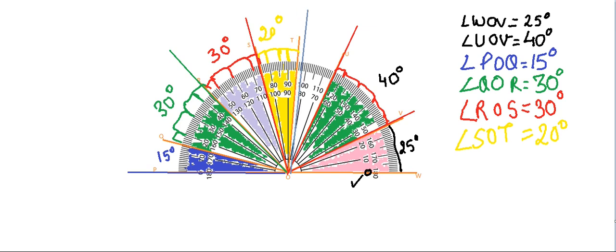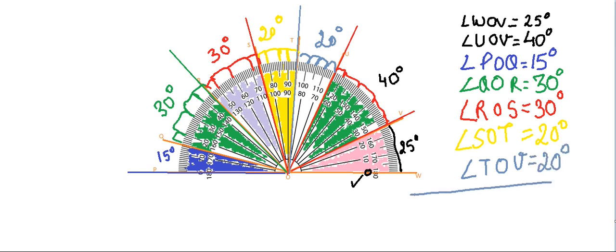This is the starting point and if we take this as the starting point, we will move towards here. So this is 5, 10, 15, 20 degrees. So angle TOU is also 20 degrees.